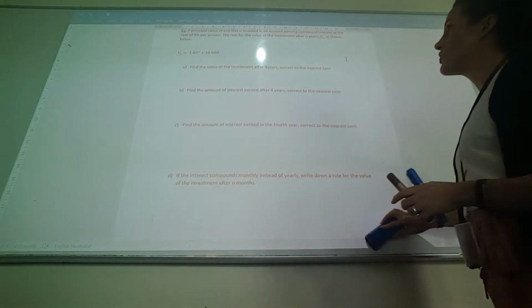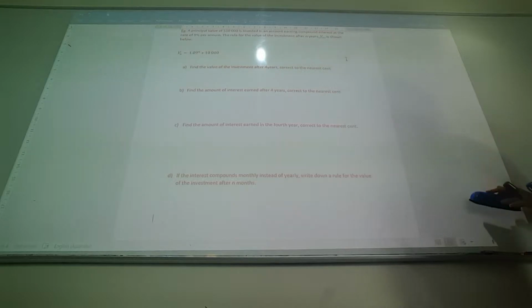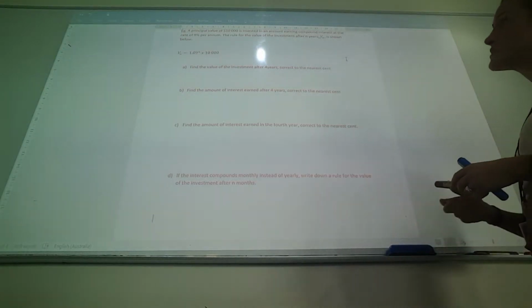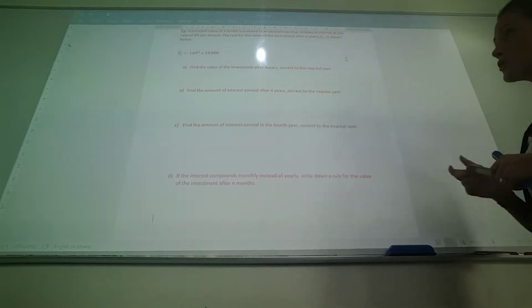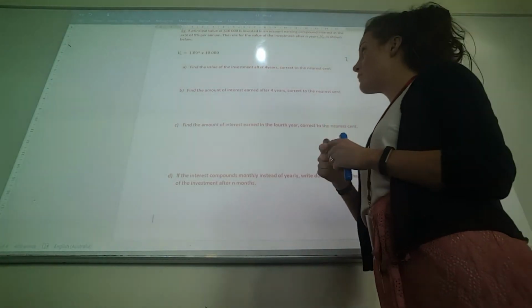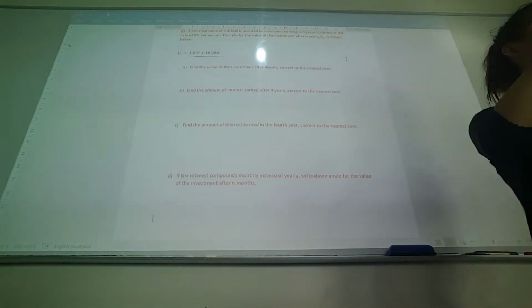Okay, a principal value of $10,000 is invested in an account earning compound interest at the rate of 9% per annum. The rule for the value of the investment after n years, Vn, is shown below. So this is the rule we've been given. It's not recursion, it is the rule.